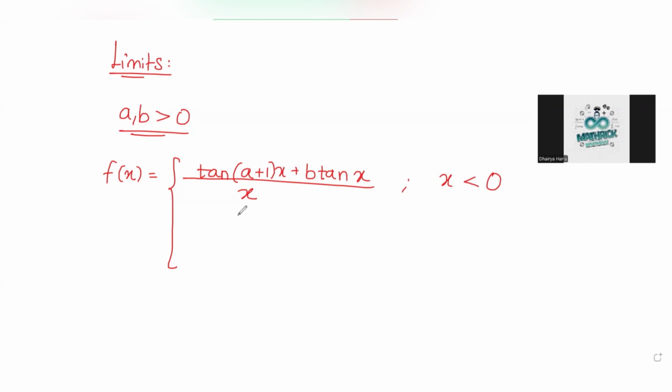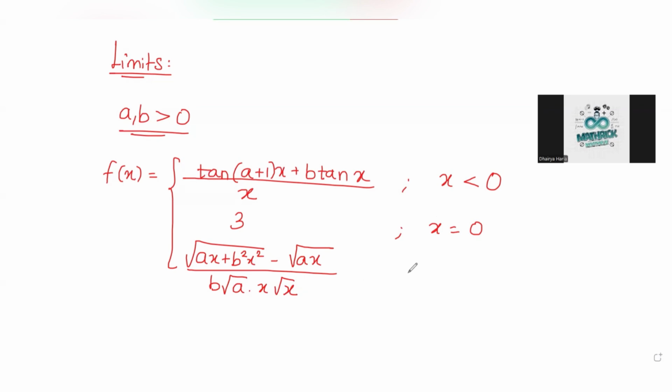This function is also given as 3 for x equals 0. And it is given as square root of ax plus b squared x squared minus square root of ax, divided by b root a x root x, for the values of x greater than 0.